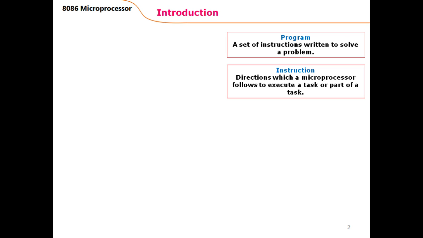So a programmer writes instructions, which are a set of directions given to the computer, and these directions are assembled or properly ordered by the programmer, as required for that particular problem to be solved by the computer.